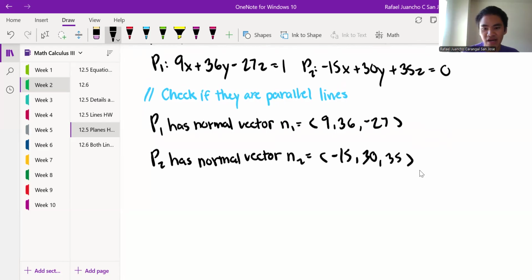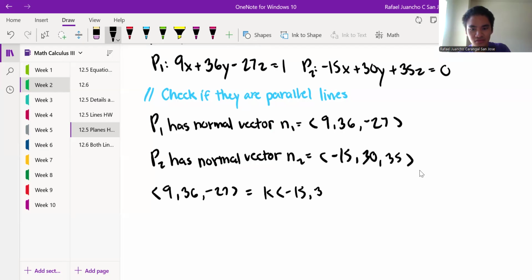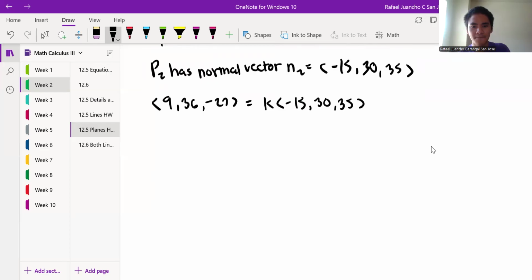Now, are they parallel? You can check. There's no harm in checking. So let's say 9, 36, negative 27 is equal to some k of the other vector. So 9 is equal to negative 15k.